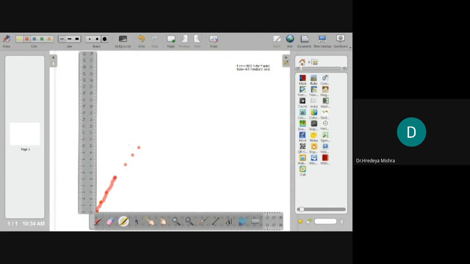See, if we make this point, we get a linear line till here, a linear line till here.